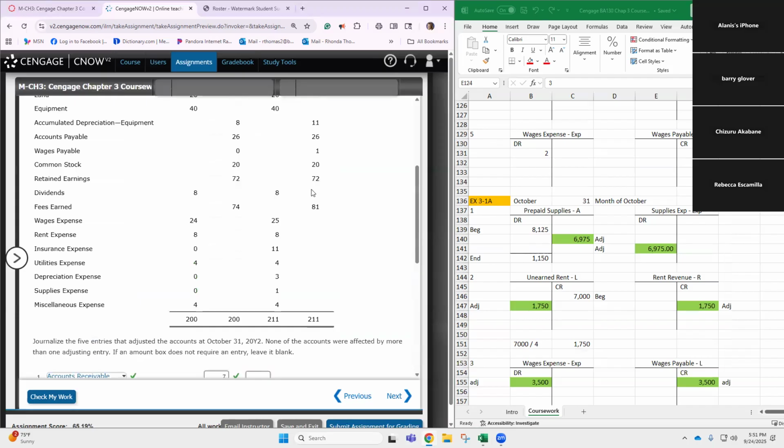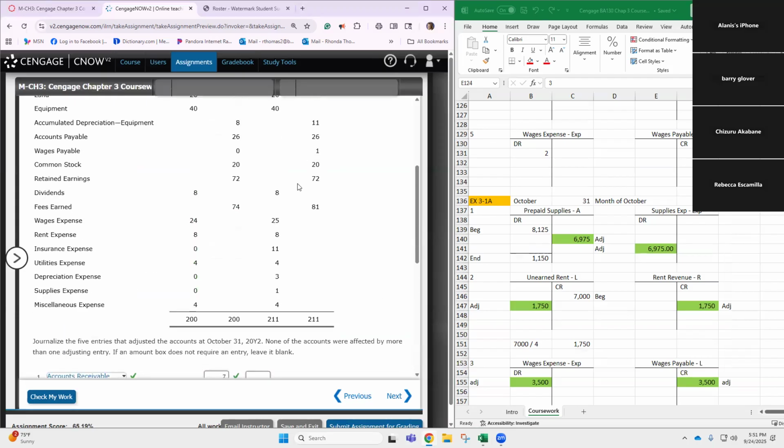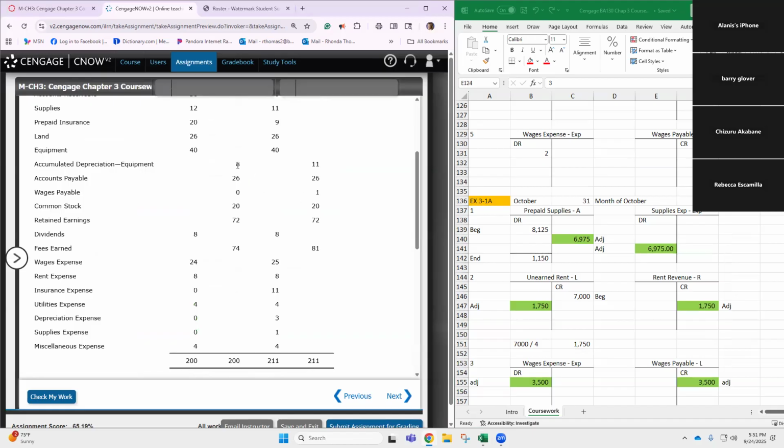Okay, last one to evaluate. So we were marching down the list here. I think we stopped at accounts payable. Did it change? Nope. How about wages payable? Yep, it had 0 and now I have 1. If you go down to wages expense, mine went from a 24 to a 25.